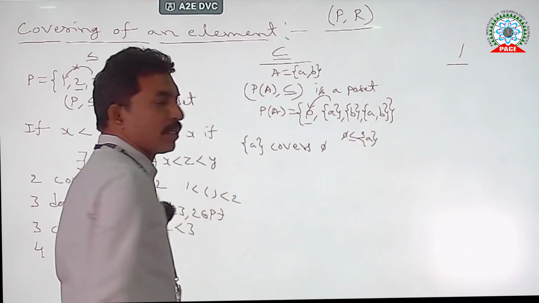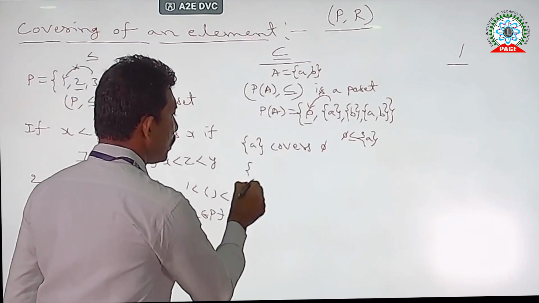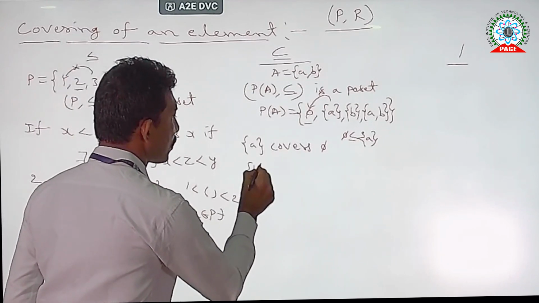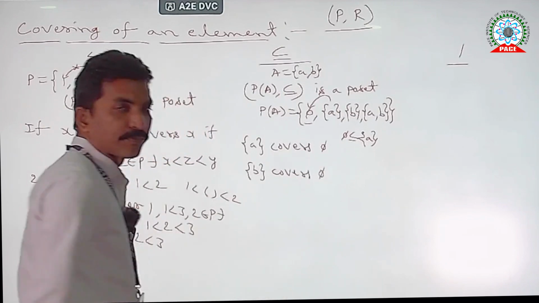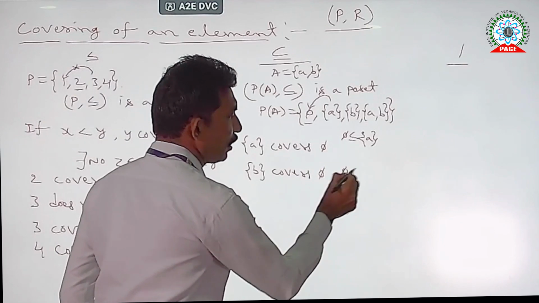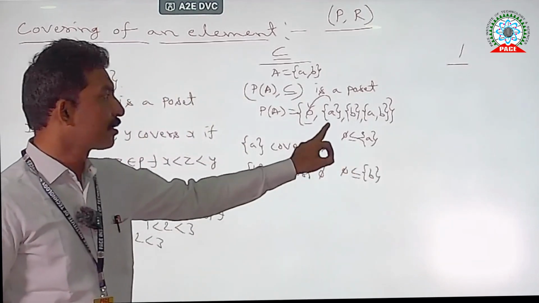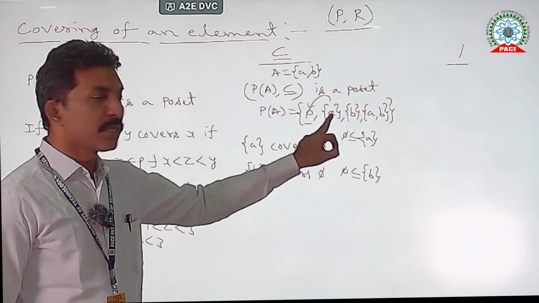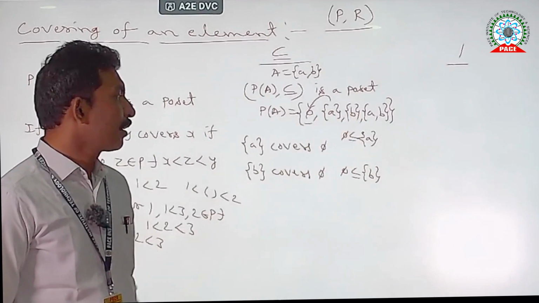Next one, singleton set B covers empty because empty is a subset of B. But there is a set A, and empty is a subset of A, but A is not a subset of B. So B covers empty.